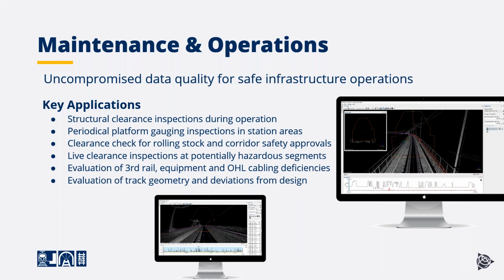So we can talk about the regular periodical clearance check. And also, if a new train type is introduced, we can do some preliminary verification in advance of whether the new trains will be compliant with the current corridor clearance.